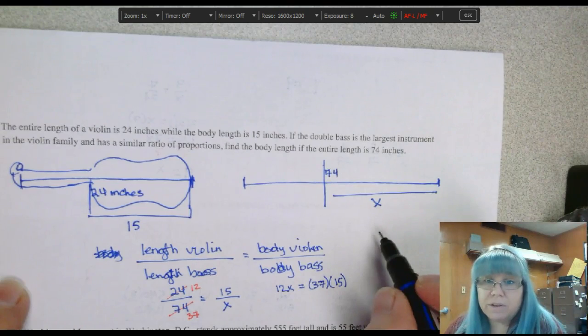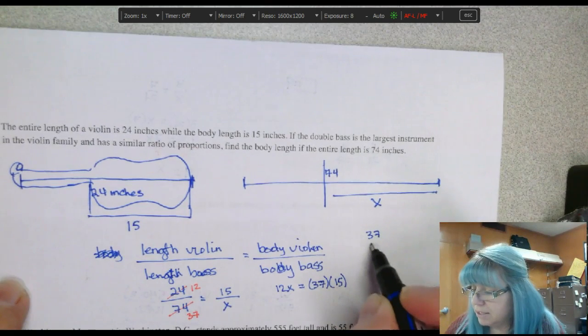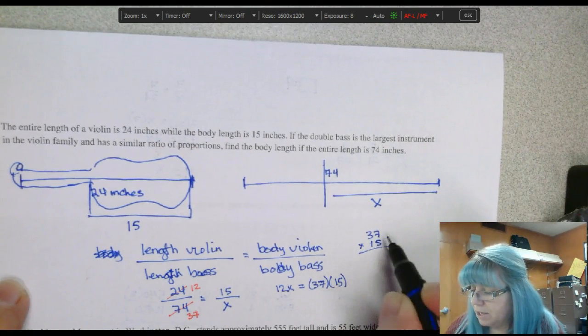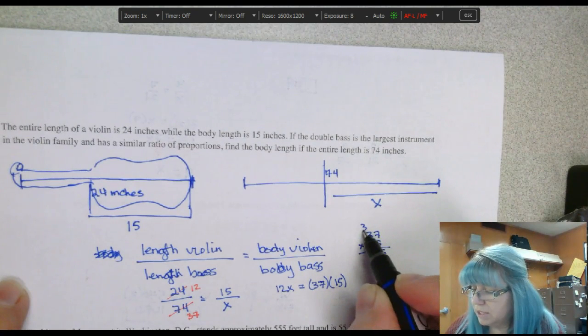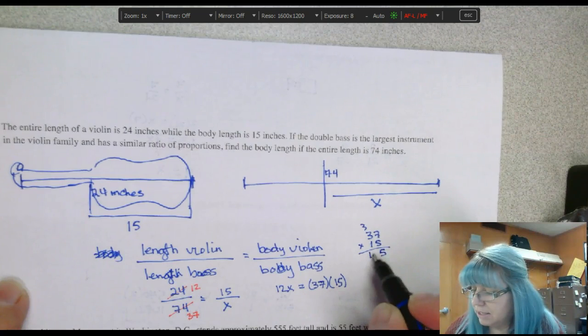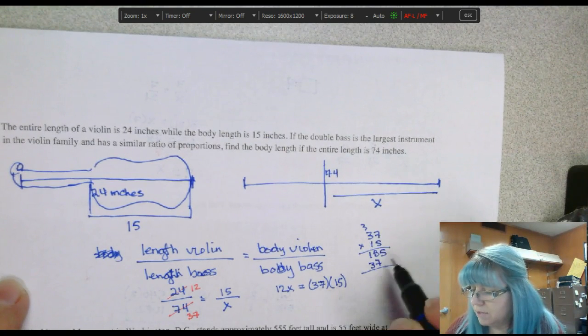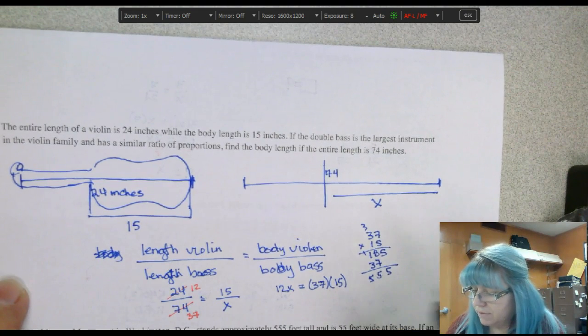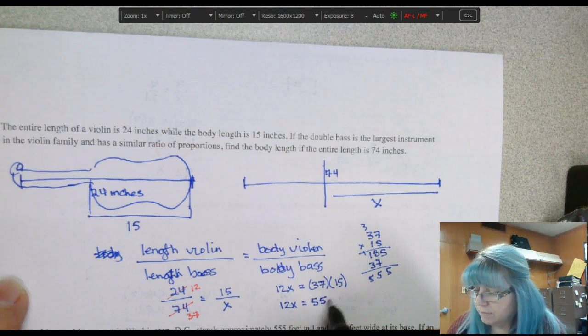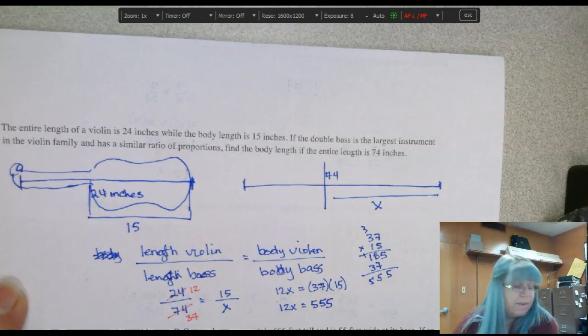I've got to figure out what 37 times 15 is. 5 times 7 is 35, carry the 3, 5 times 3 is 15, 6, 7, 18, and then 1 times 37 is 37. That gives me 555. Okay, 555.